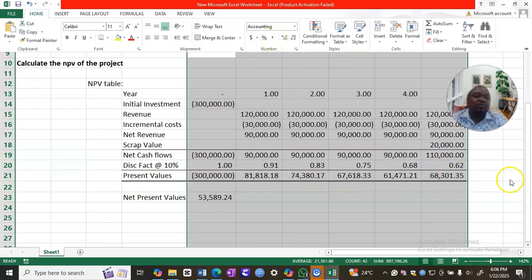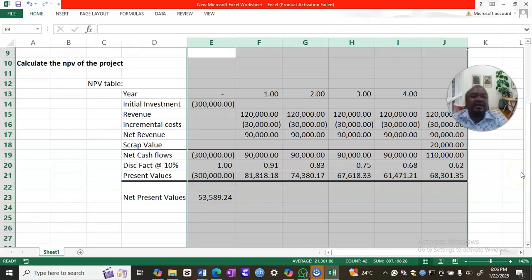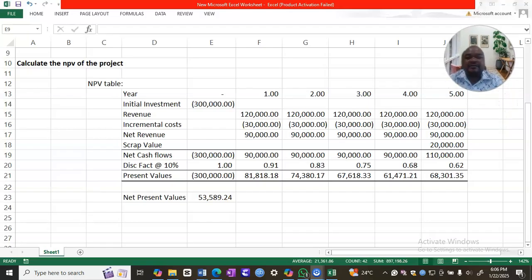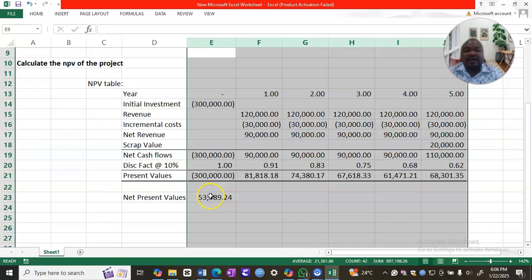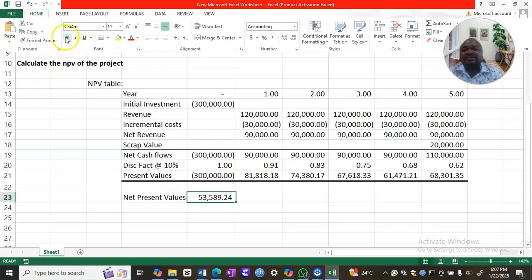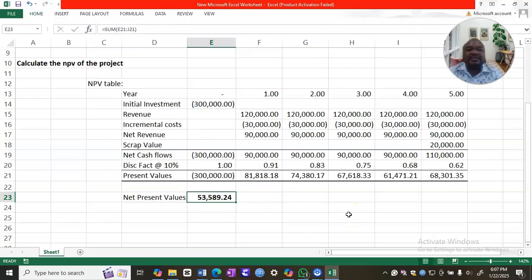commas to look presentable, as you can see. If we have commas, the data will look nice. You can as well bolden the answer so that the examiners will see it.